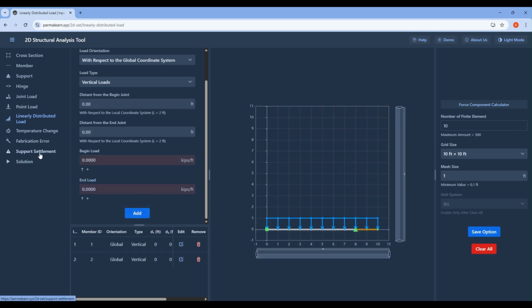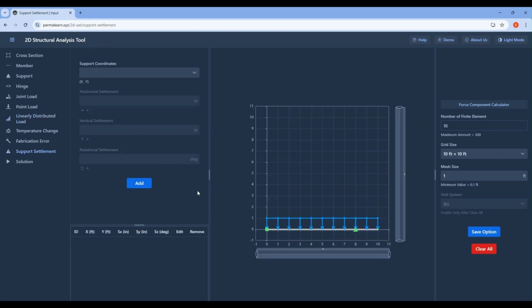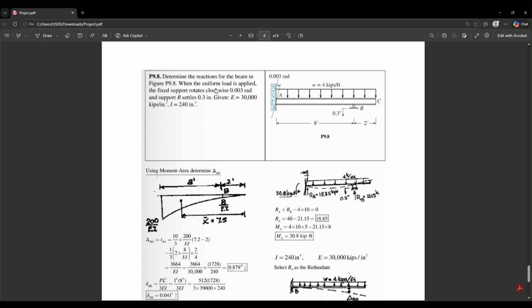And now let's move on to the new function, which is support settlement. Support settlement is a function where you can put the settlement of the support only at the support. So in this problem, they mentioned that the fixed support rotates clockwise 0.003 radian and support B settles downward 0.3 inch.